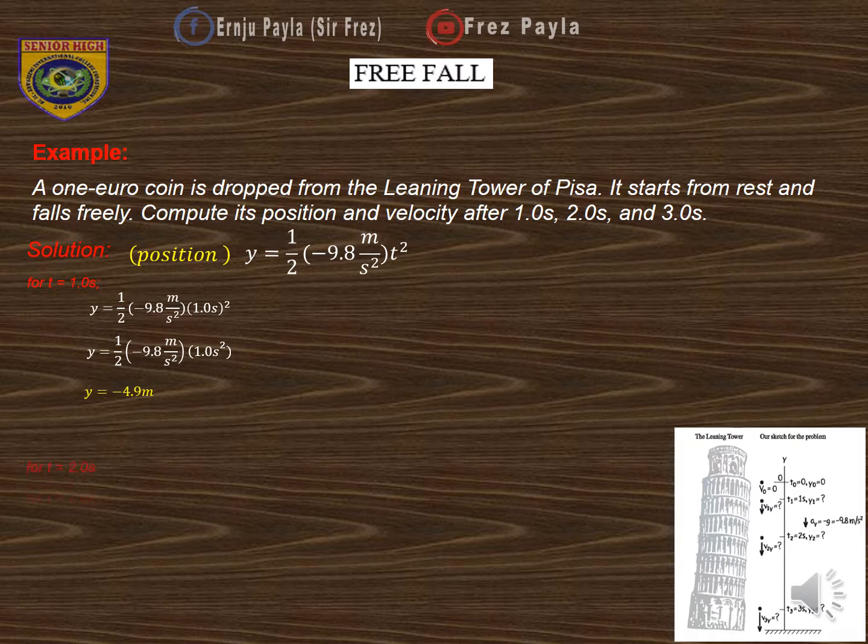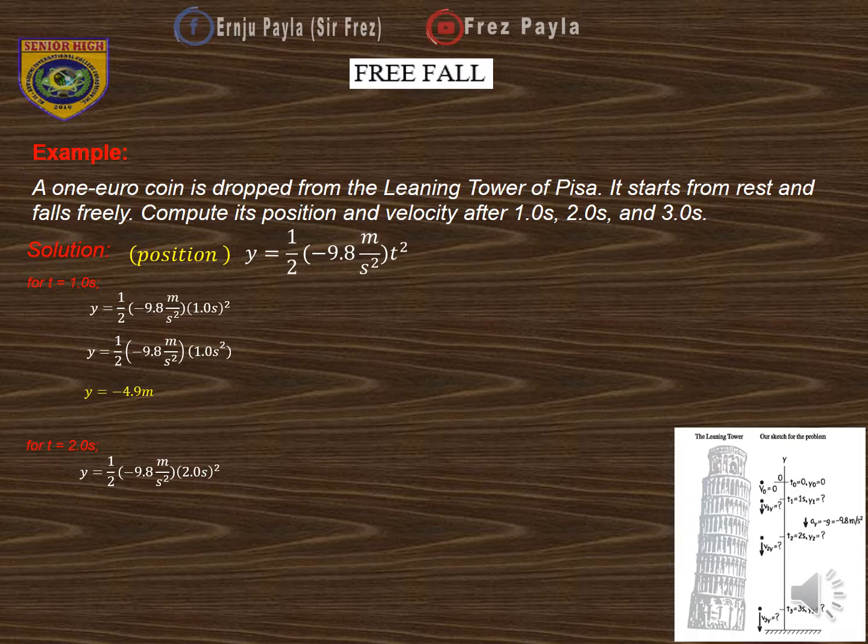Next, for t equals 2 seconds, same formula. y equals 1/2 times negative 9.8 meters per second squared, and we replace t with 2.0 seconds, then squared.